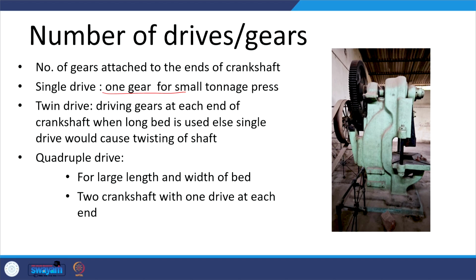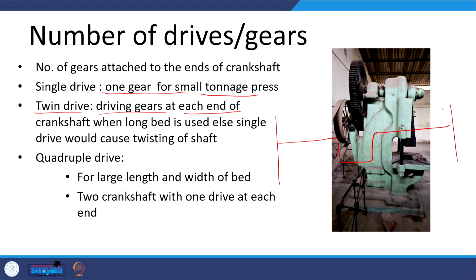This is good for small tonnage. Twin drive system is where the driving gears are set at both ends of the crankshaft, and this is particularly used when the bed length is large.